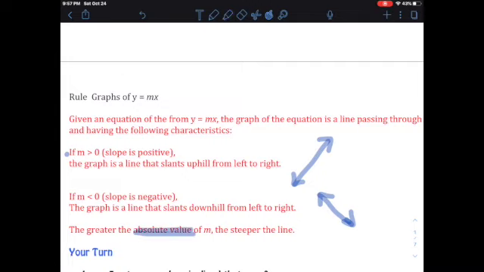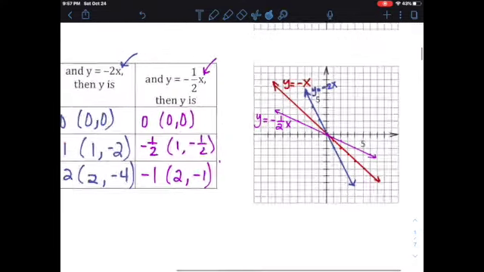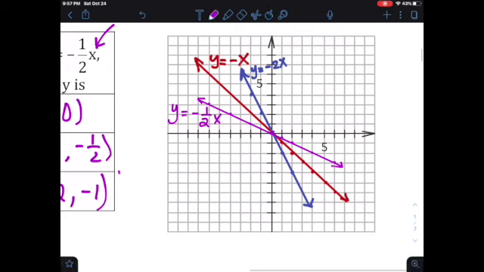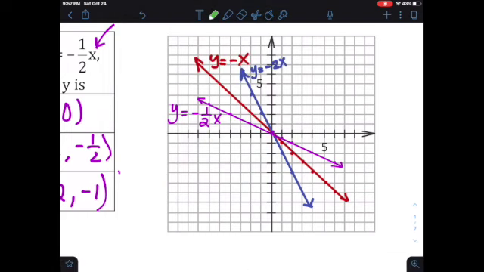So let's go back up and look at the absolute value. If you look at the absolute value of -2, that's 2. If you look at the absolute value of -1, that's the slope, that's 1. If you look at the absolute value of -1 over 2, that's 1 over 2.